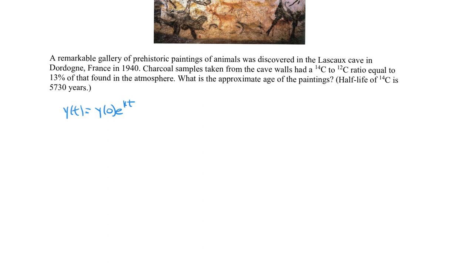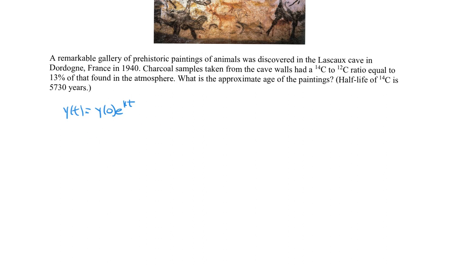So we just have to make up an initial amount, and we know that when time is 5,730 years, y of t will be half that. We could say initially we had y of 0, and after 5,730 years, we had half that.